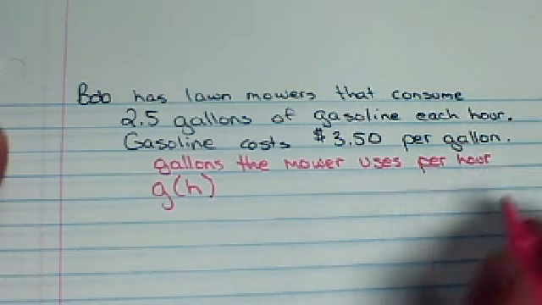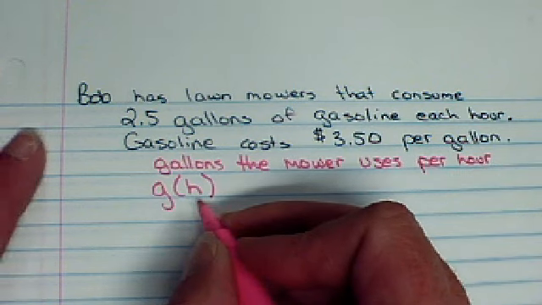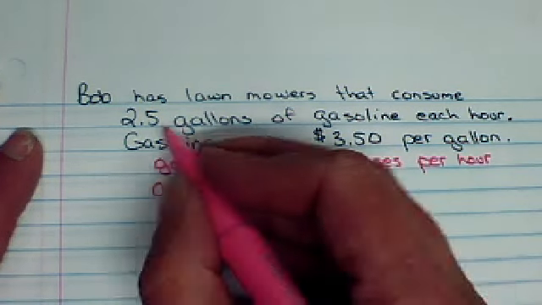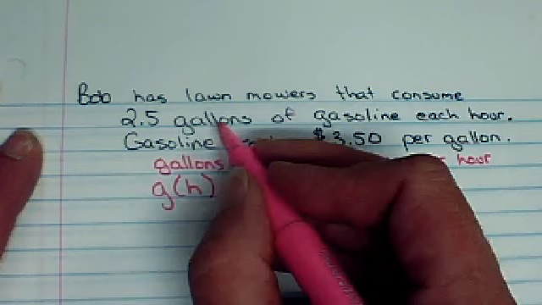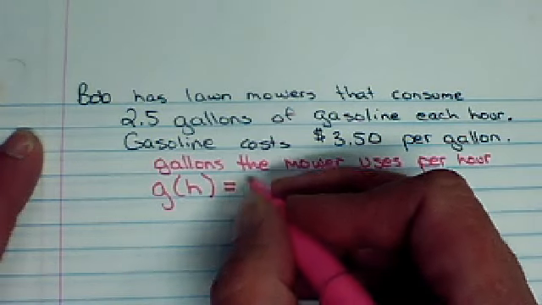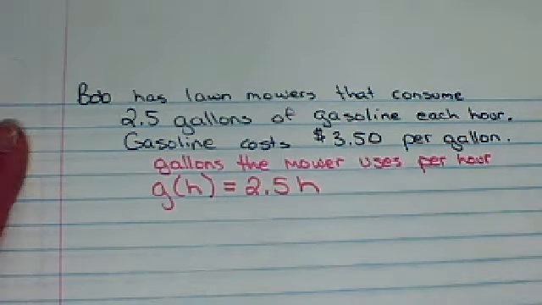So notice it's depending on what? My hours. And if it's 2.5 gallons each hour, well, that's easy. That's going to be 2.5 times the number of hours.